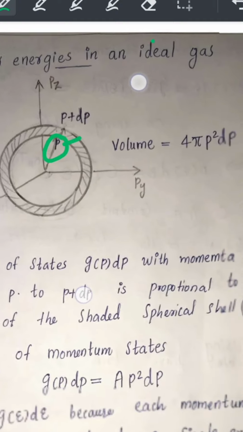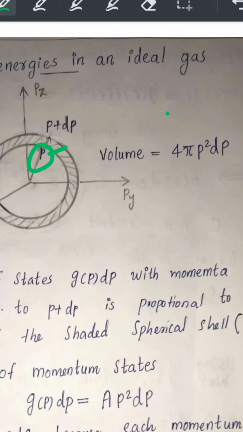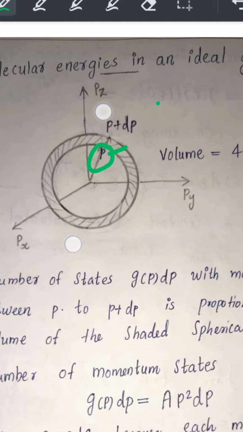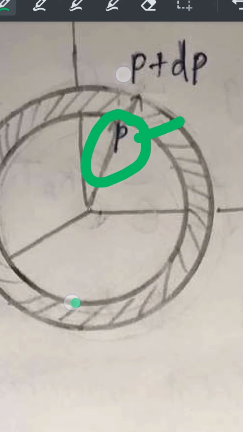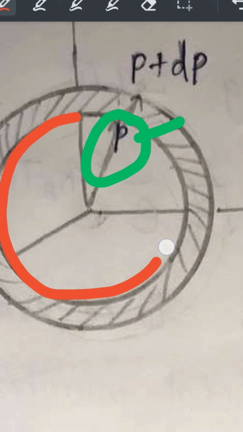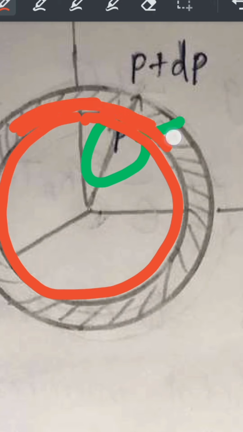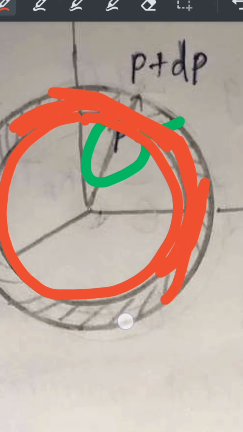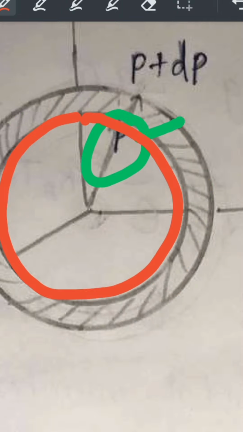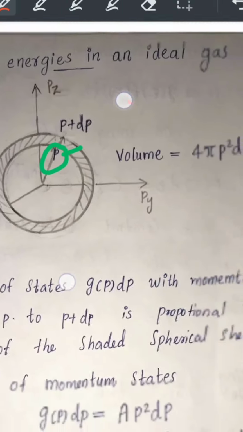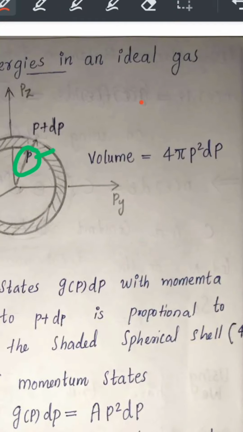So I can write, you can simply see that the volume of this shaded region is 4 pi p square dp. That is, this 4 pi p square is actually the area of this sphere, so times dp gives the volume of this shaded region.